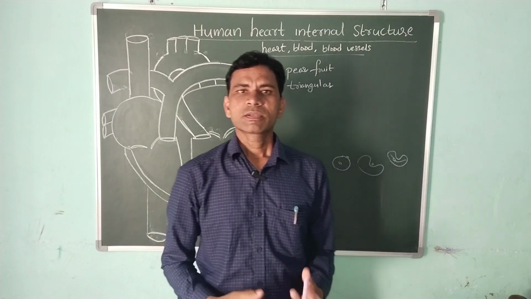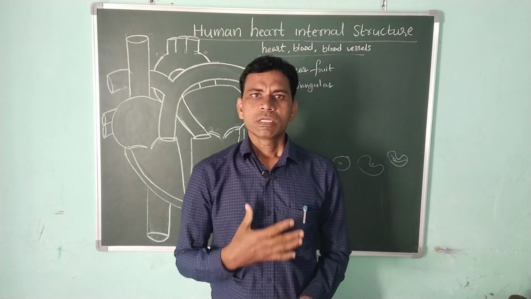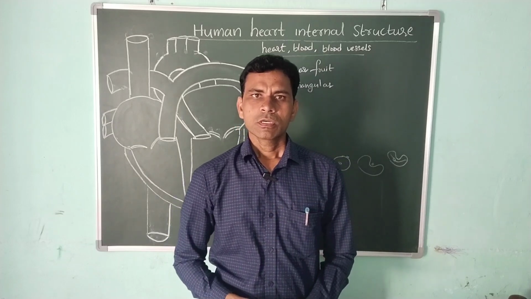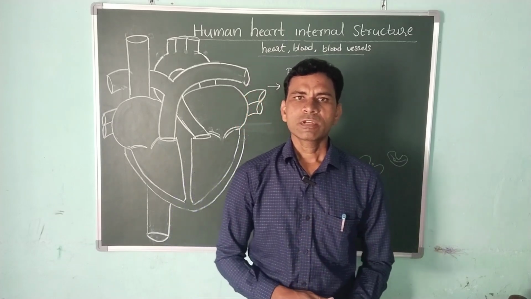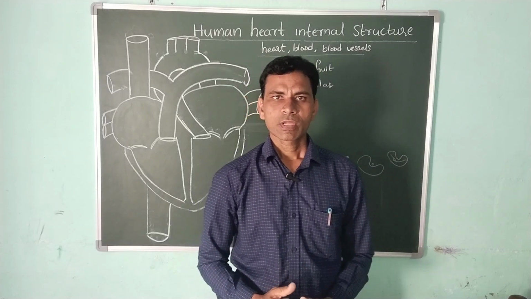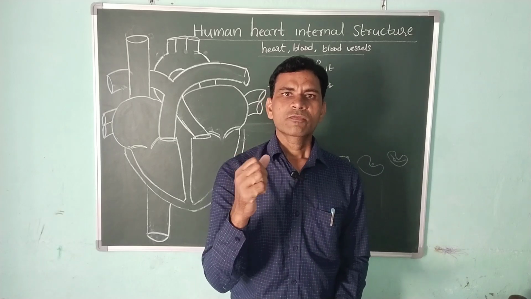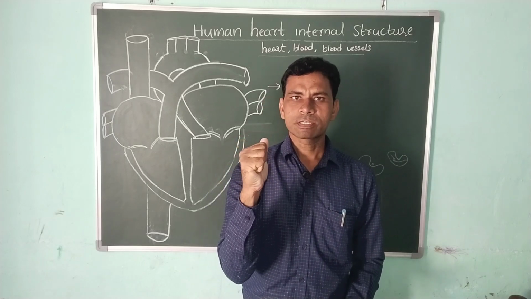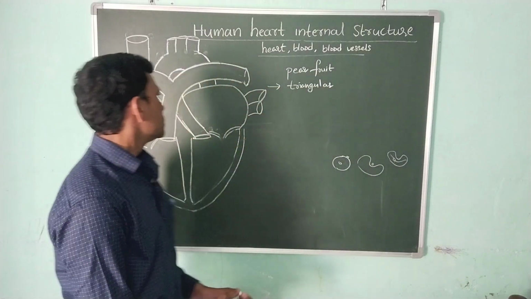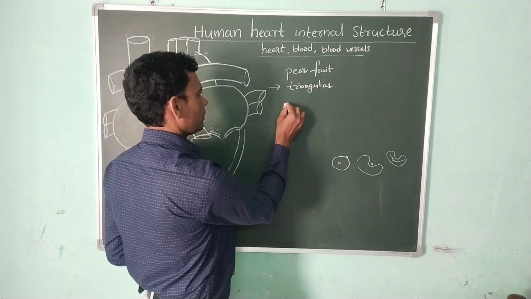It is present between the two lungs, slightly to the left, hence the left lung is a little smaller than the right lung. Its size is your own fist size. It is made up of cardiac muscles.